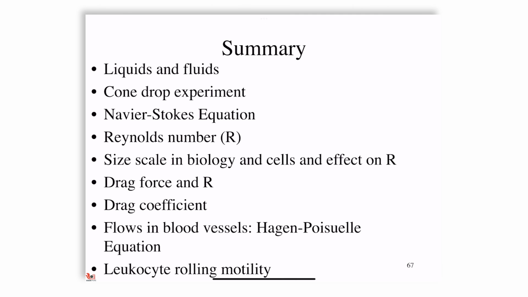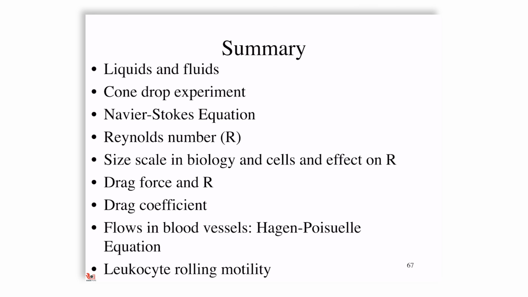And to summarize, we talked a bit about liquids and fluids and the distinction between gases and liquids. We revisited the cone drop experiment in terms of how to make the cone and how to quantify it. This measure, it was not called Reynolds number when he discovered it, as a measure of the qualitative nature of the flow arising out of drag force.